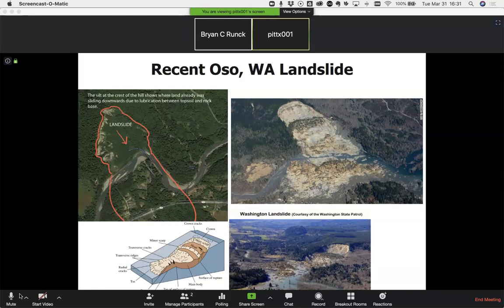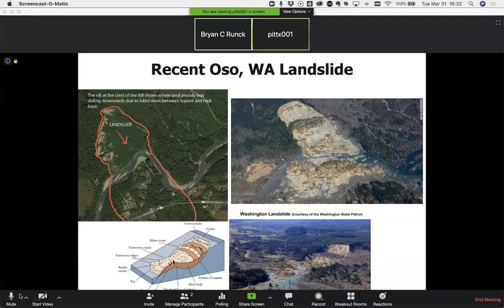And in the upper right-hand diagram, we can see the scarp created as that rotational slide moved down the slope. In this situation, we can see that the landslide was quite significant. A significant portion of the mountainside rotated and slid down the mountain.